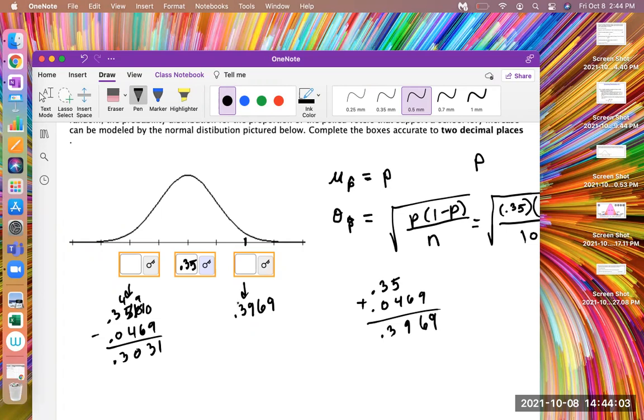So that means it's not this 0.3969. I have to add another standard deviation on to get me to 2 standard deviations above the mean, and then I'm going to get my answer. So it's 0.44.